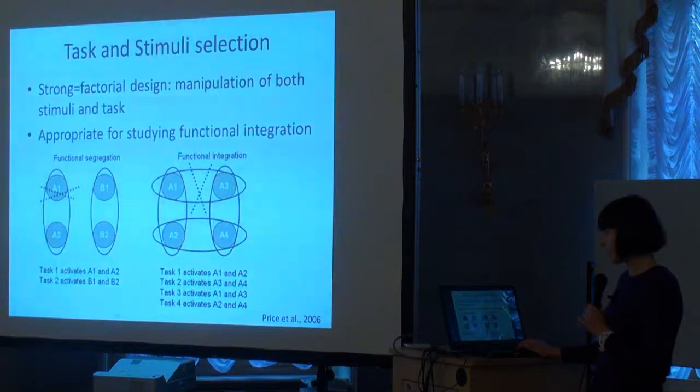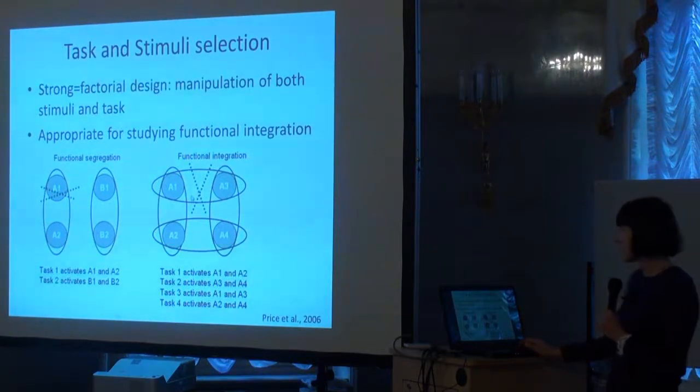And from this kind of paradigm and design, implementation and data analysis, we can infer about functional segregation. How it is basically related to specific functions of each part of the brain. It's more about localization of functions.